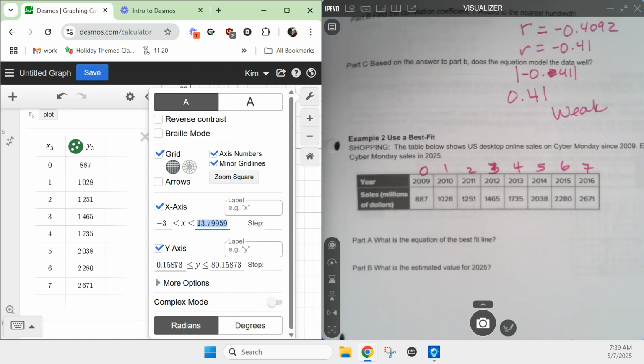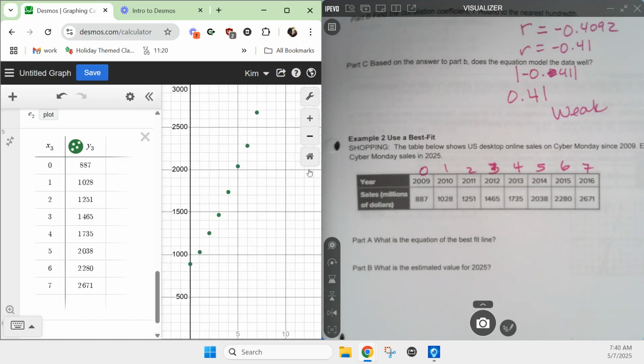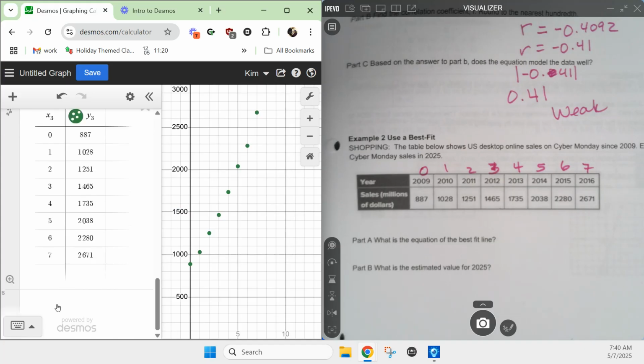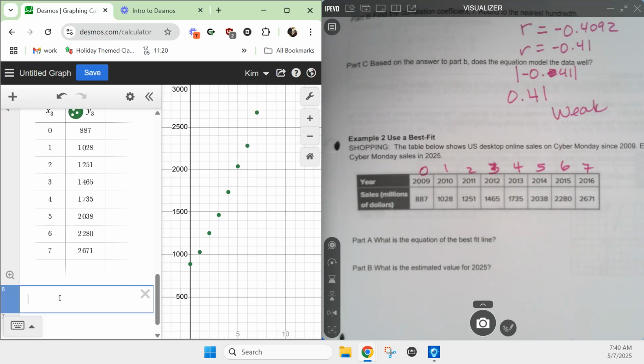For y, let's try 0, but we want to go up to 3,000. Let's see what this looks like. Well, look at that. There we go. There we have it.